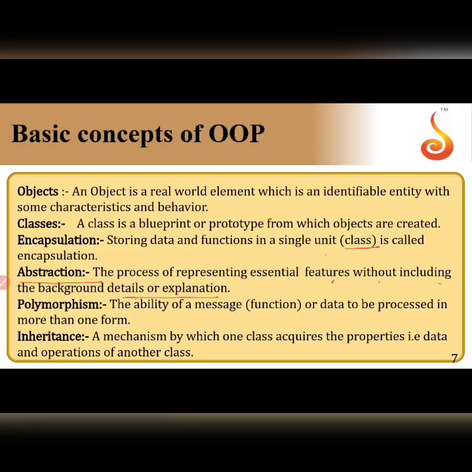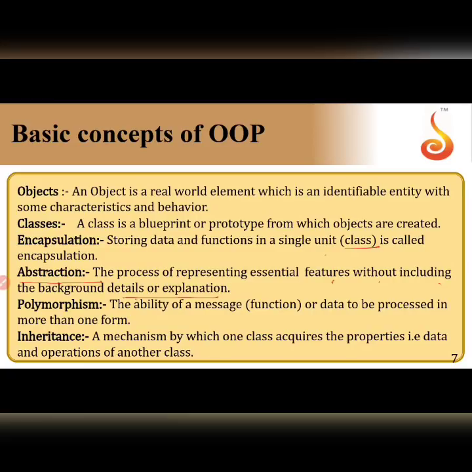All this you don't have to worry about. That is a simple example to explain abstraction. That is the process of representing essential features without including the background details or explanation. This is data abstraction.